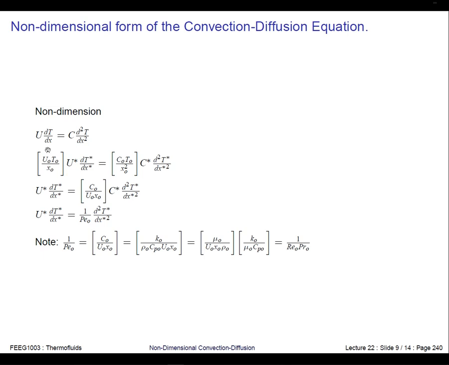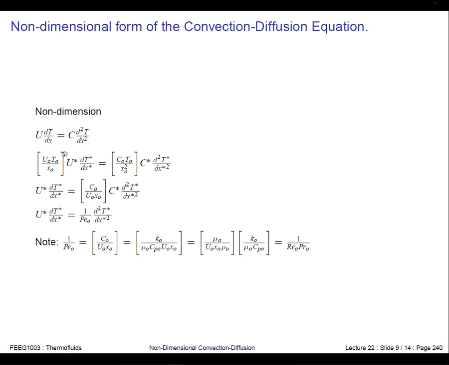So let's take u, and u is equal to u0 multiplied by u star. Okay, so I take this variable and then I say, well, that's equal to u star and u0. So here's my u0 and here's my u star. And then I do the same for t. I say, well, t is equal to t0 times t star. And then I say that t0 is a reference scale and it doesn't depend on x.